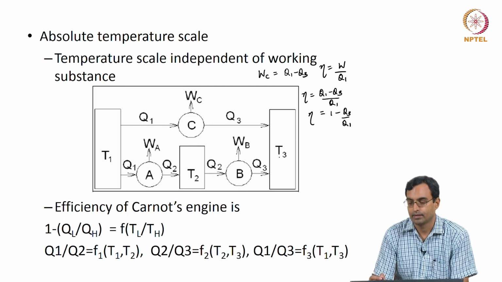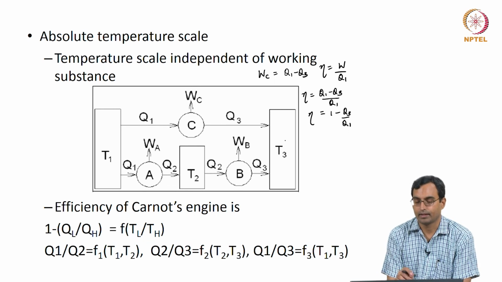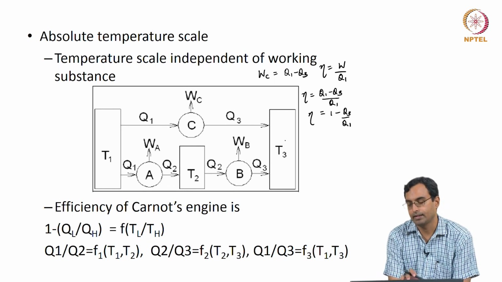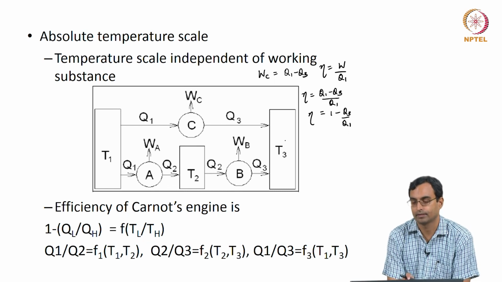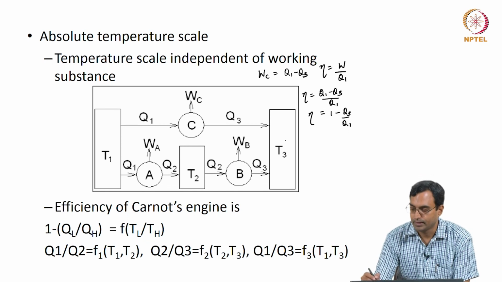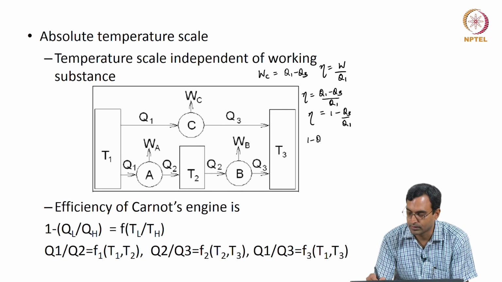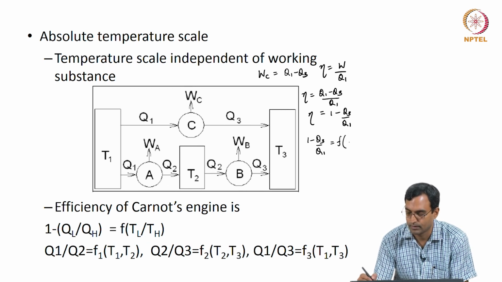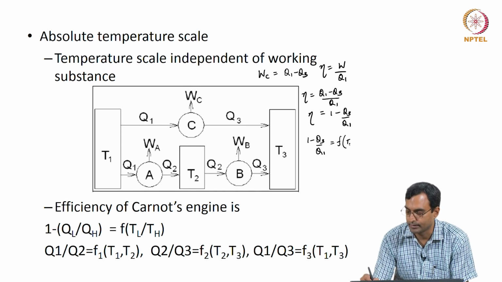Carnot says that if I have two temperature reservoirs, and I run any Carnot engines between them, the efficiencies are only functions of these two temperatures and of nothing else in between. So, the efficiency here is 1 minus Q3 by Q1, which has to be some function of T3 and T1 or T1 and T3 according to Carnot.